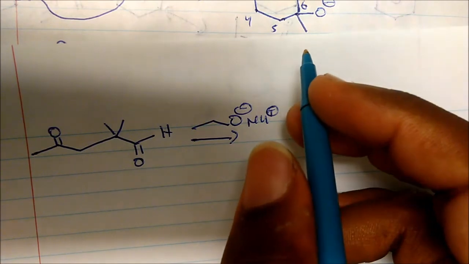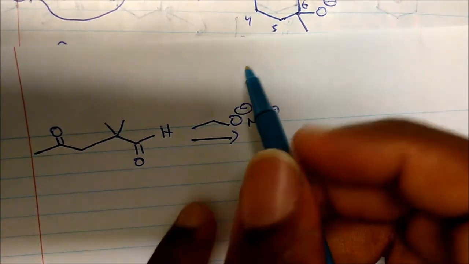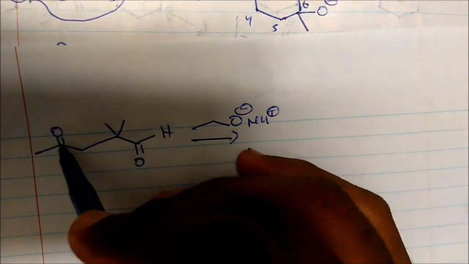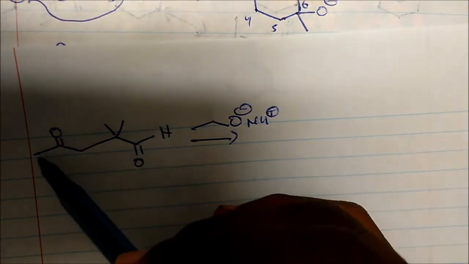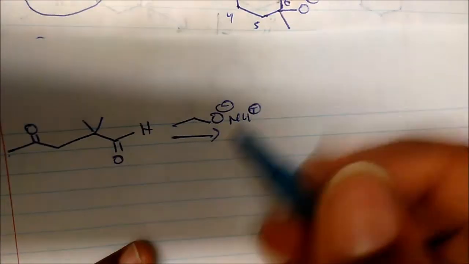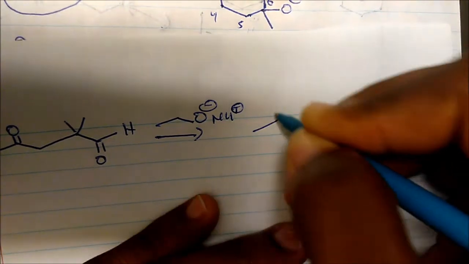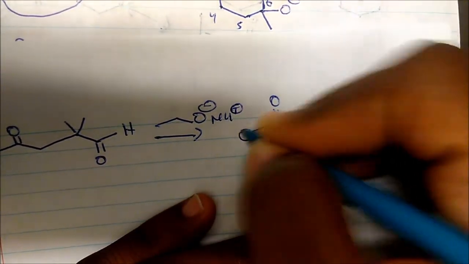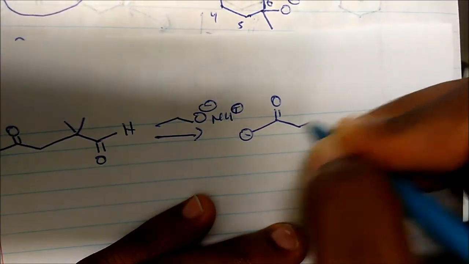The idea is now, where is my alpha carbon? Well, it's always adjacent to my carbonyl, and you could see that the only alpha carbon that we have here is this carbon here, the terminal carbon. And so when we add the base, we're gonna get deprotonation. So we have generated a negative charge on that.